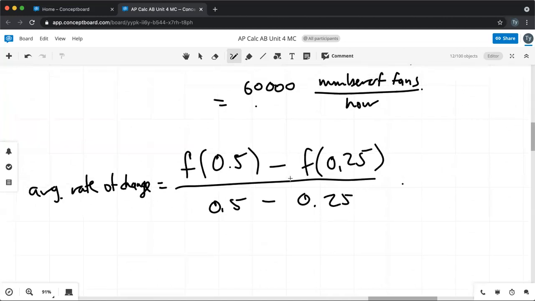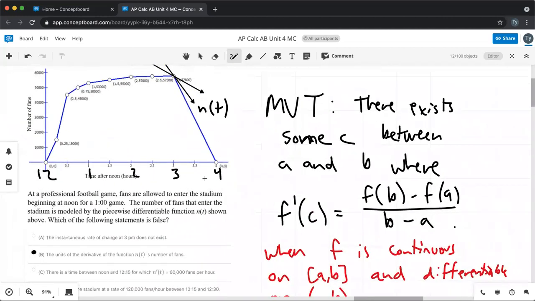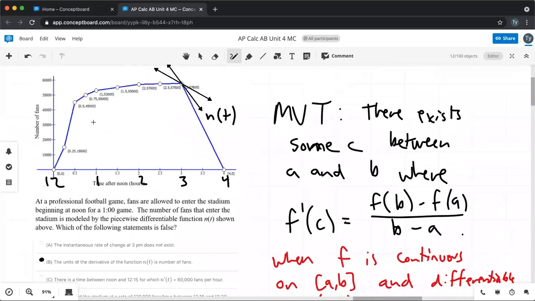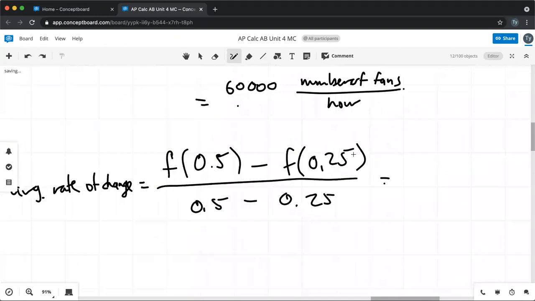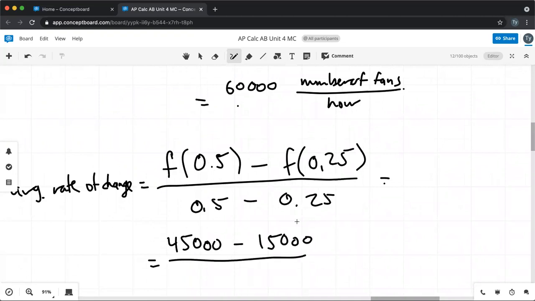Okay, so now we just plug stuff in. What was f of 0.5? F of 0.5 was 45,000 and f of 0.25 was 15,000. So we have 45,000 minus 15,000 divided by a half minus a quarter, which is a quarter.